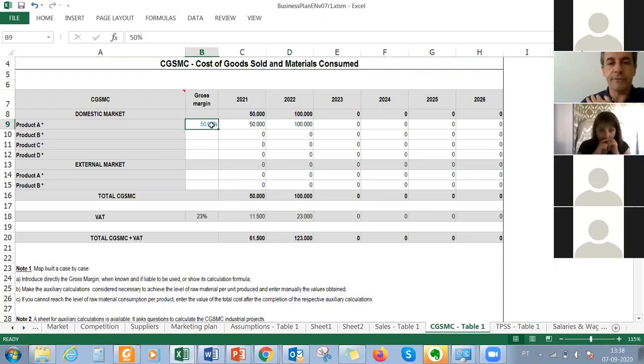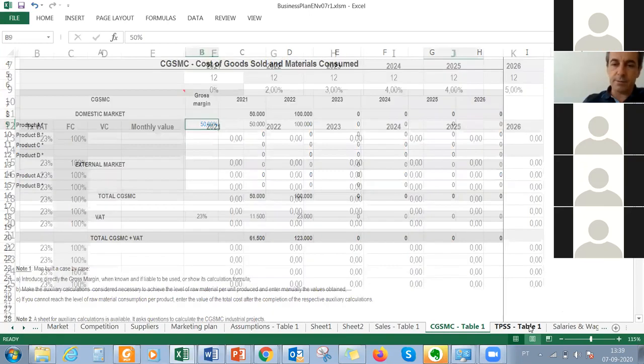So 50% is 50%. You have to have an idea about the costs of raw materials. It is important for students from a certain area to have a better understanding of what they are speaking about when they speak about ingredients and products that will be used in the process of producing some product or service. So that's the second table.